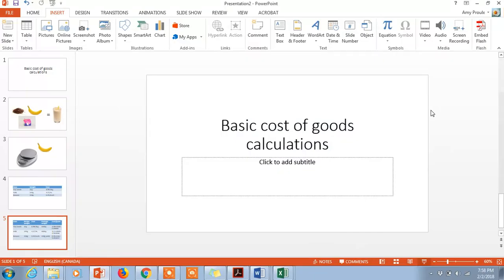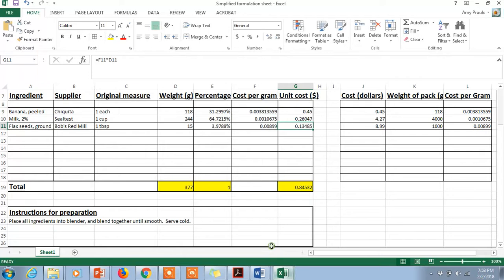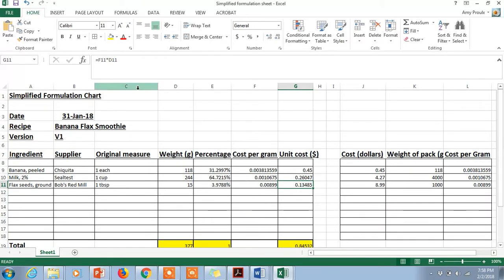So how does this fit? I'm going to exit out of here, and I'm going to go into my Excel document here. So this is the formulation sheet that we were working on in class, and you will take a note. It's called the simplified formulation chart. Please fill in the date, your recipe name, and a version code.